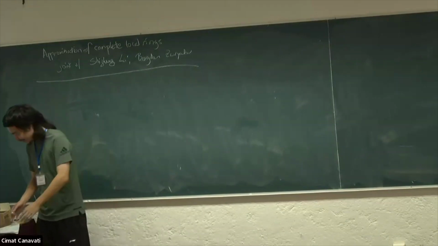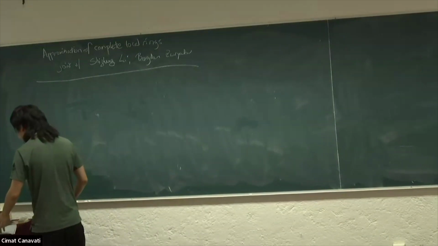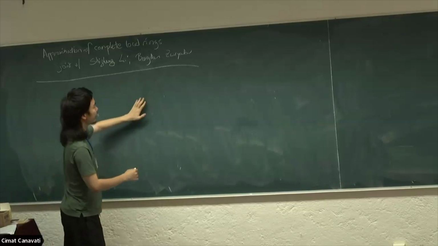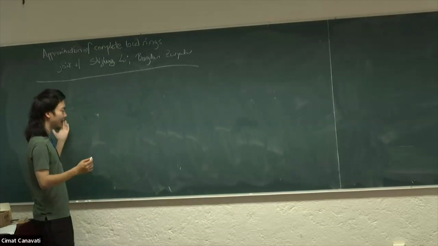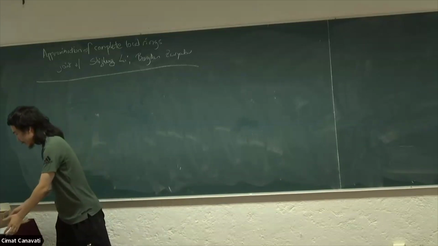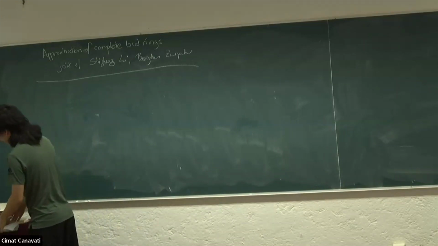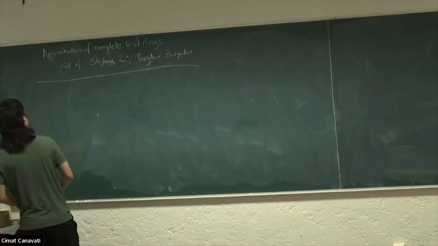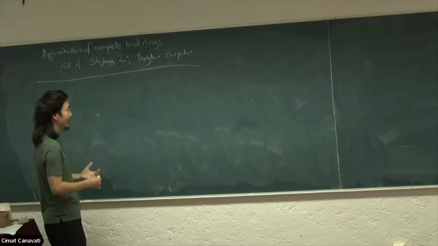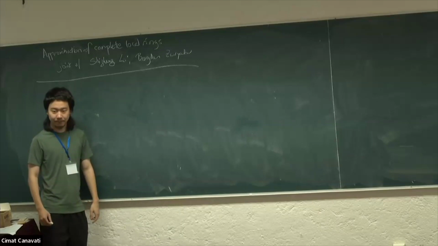All right, so good news is I did make it here, and let's get started on this approximation of complete local rings. So this is a pretty vague title, and I did that because indeed our constructions work with very little restrictions, but most applications we'll find will be in the case of equal characteristic 0.